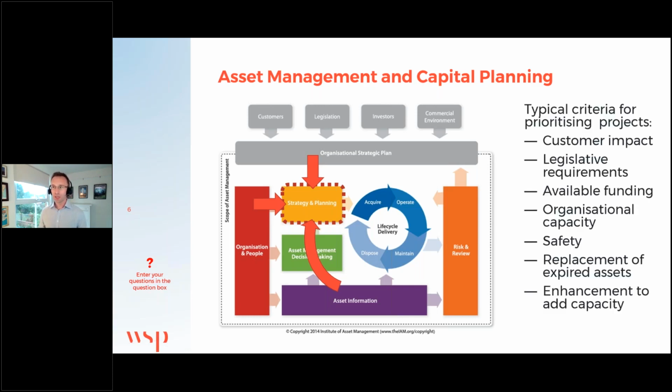Some of the criteria that come out from that are an understanding of customer impact, potential legislative requirements, and, as we discussed, being aware of the available funding, the capacity of the organization to actually undertake those projects, and safety. Then there's whether the existing assets need to be replaced if they're becoming life expired, and further, enhancements to the system or to the portfolio of assets to add capacity.